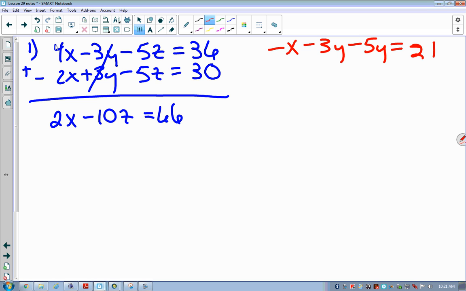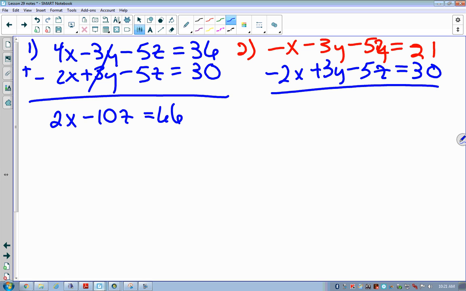Step two, okay? We're going to pick one of those two equations to bring over here with this equation. It would probably be easiest to use equation number 2 because I want to eliminate the same variable. I'm using negative 2x plus 3y minus 5, and this should have been a z. I messed that up. Nobody called me out on it. Minus 5z equals 30.